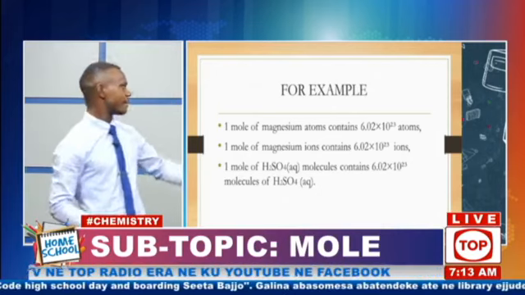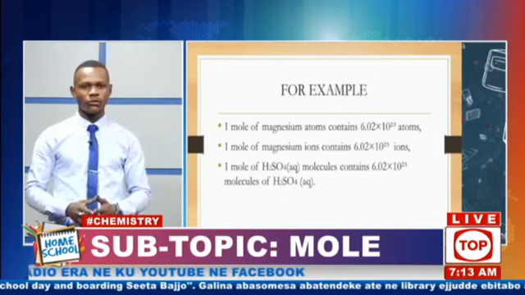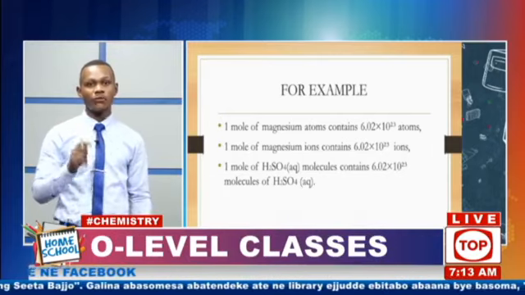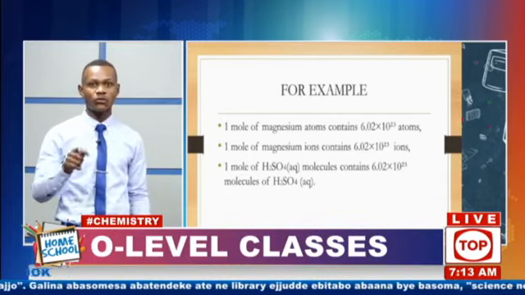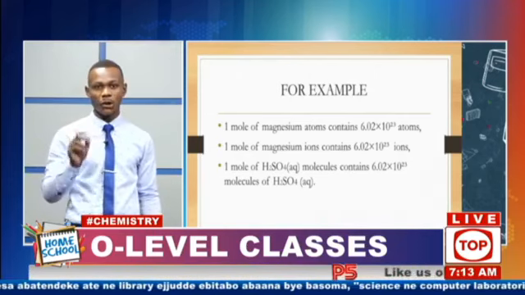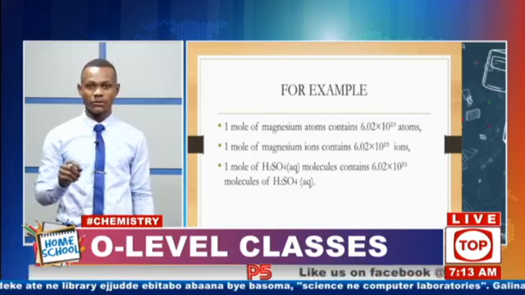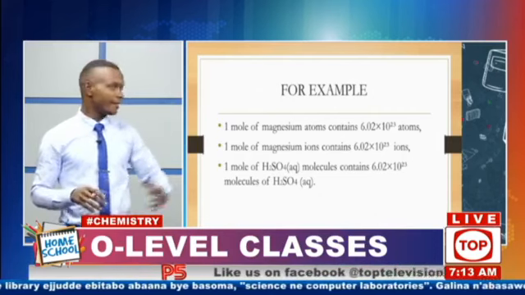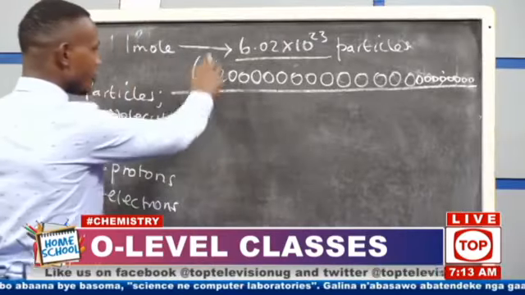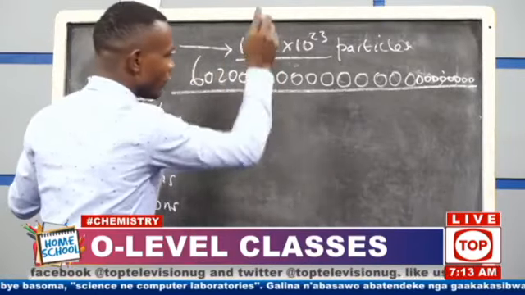That when I say 1 mole of magnesium atoms, I'm meaning that someone is referring to 6.02 times 10 power 23 particles. Okay? That's why we say that if you are to count these ones, you start counting 1 by 1, 1 by 1.